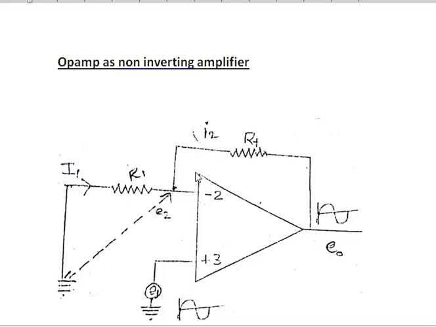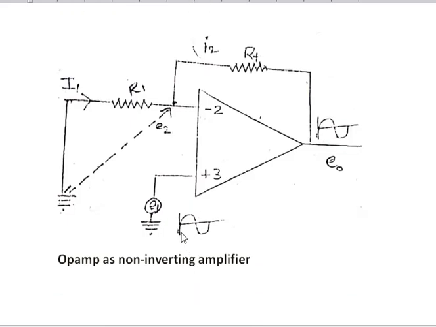As it is a non-inverting amplifier, the input voltage E1, the EMF, which is nothing but voltage, is applied to the non-inverting input of the amplifier. A sine wave is drawn, and it appears in the output without any phase reversal.